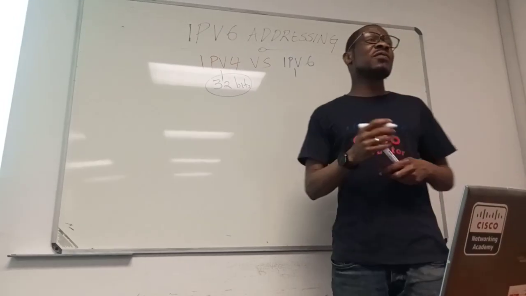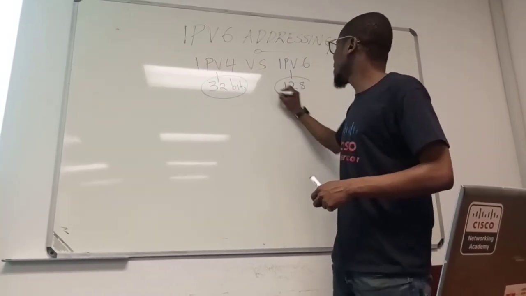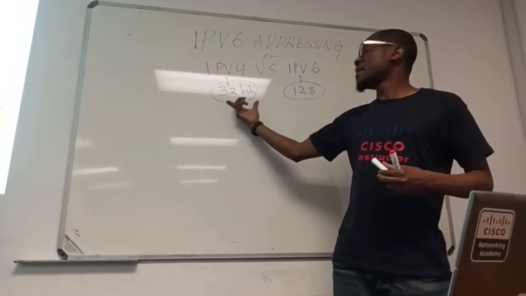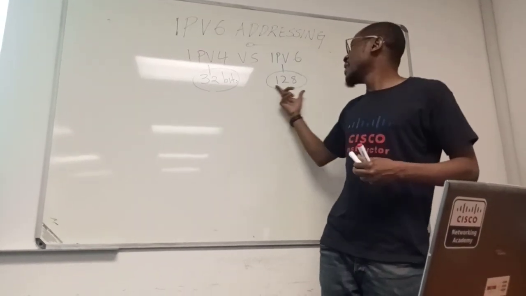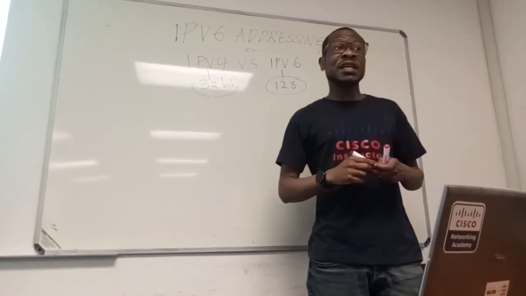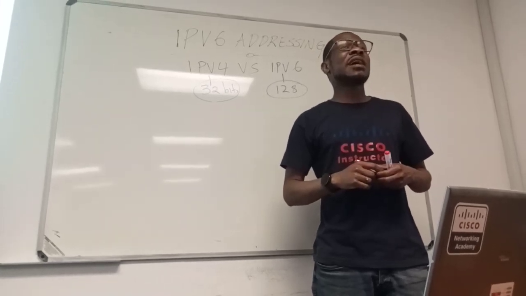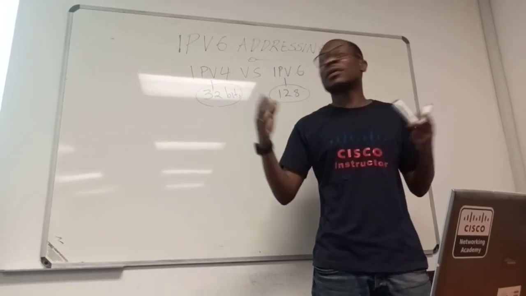How many bits for IPv6? 128, right? So in terms of the size, IPv4 has 32 bits, and this one has 128, right?